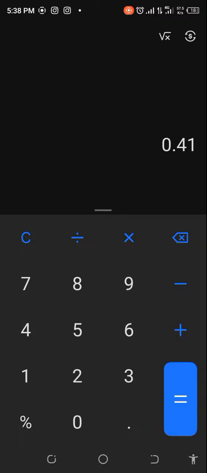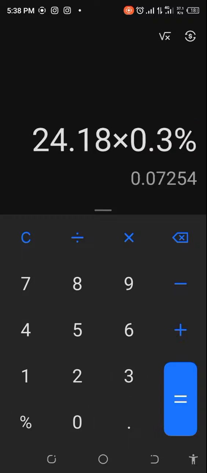So I'm going to take the entire amount. This is 41 cents already. The entire amount is 24.18 times 0.3%, so that's like 7 cents. So from 41 cents, let's take off like 8. That's 0.808.